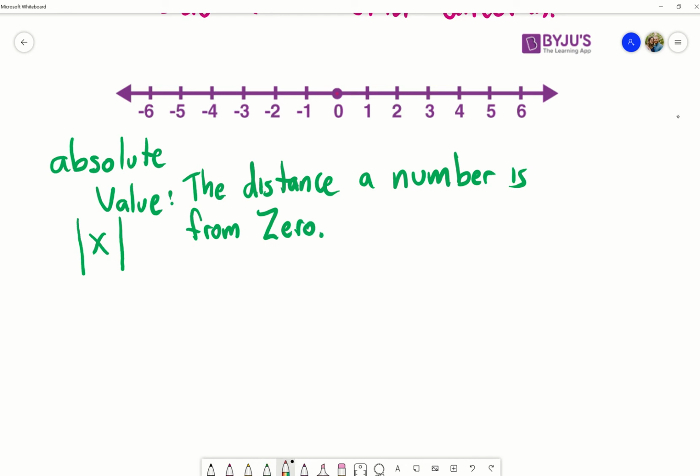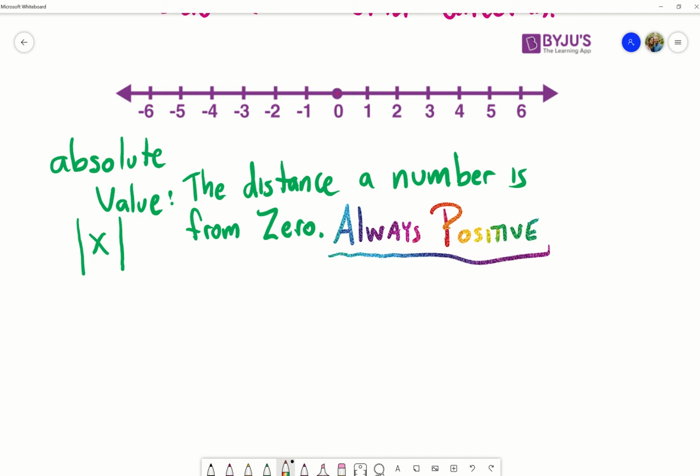And it is always positive. And I wrote this in a beautiful rainbow color so we always know and we can always remember absolute value numbers are always going to be positive. Okay, so the absolute value tells us how far away a number is from 0.